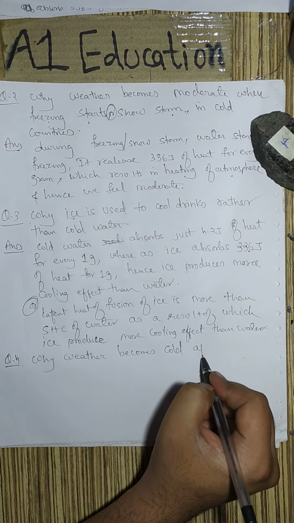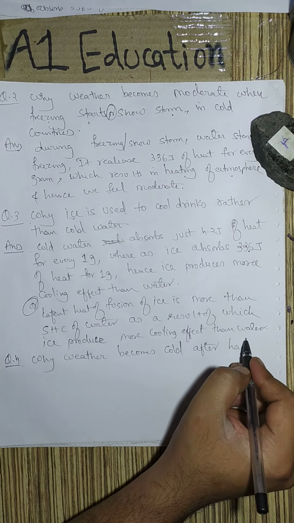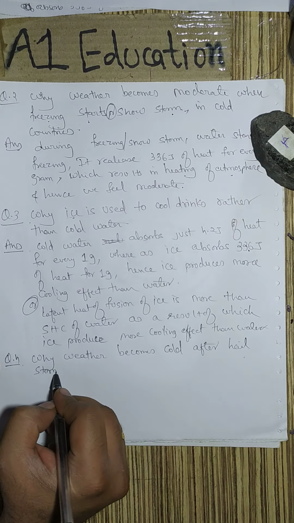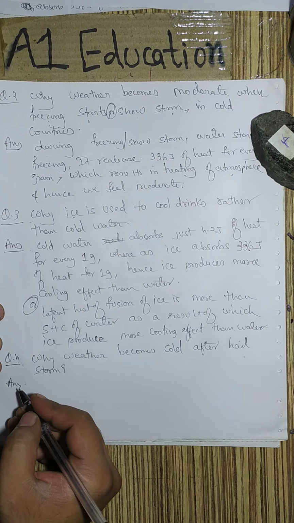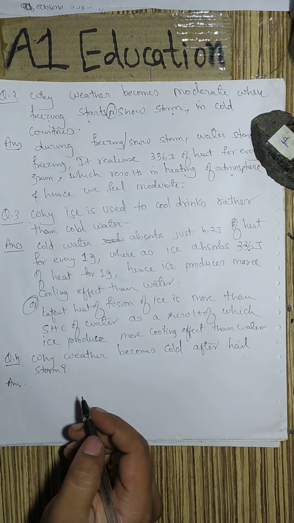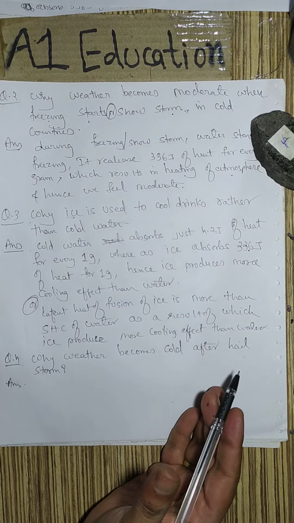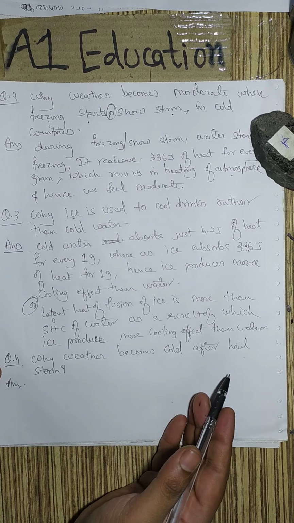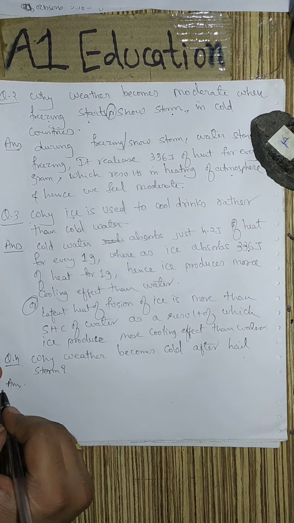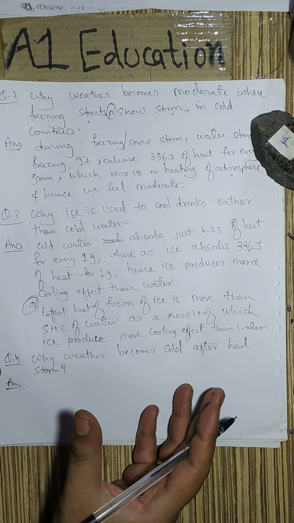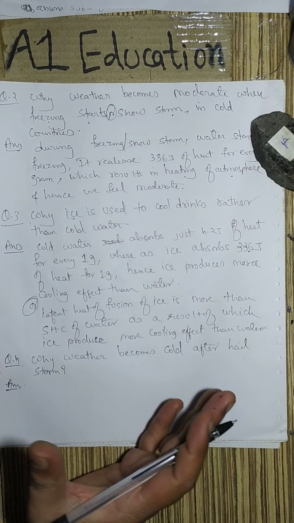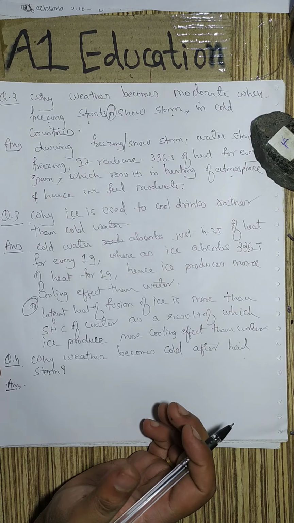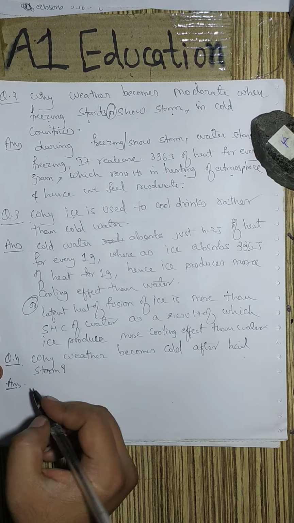The next question we take is why weather becomes cold after a hailstorm. Hailstorm means big pieces of snow or big pieces of ice have been falling from the sky. As these big pieces of ice, snow, fall from the sky, and in the later part of the day these ice pieces start melting. As they start melting, they absorb heat from the atmosphere, making atmosphere very cold.